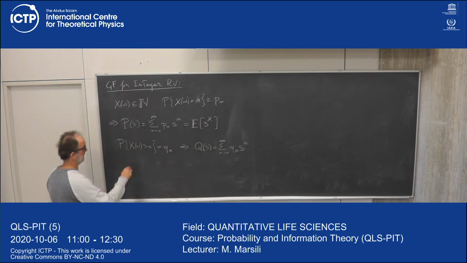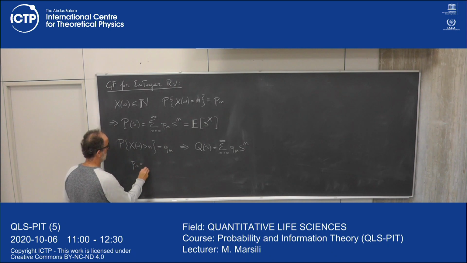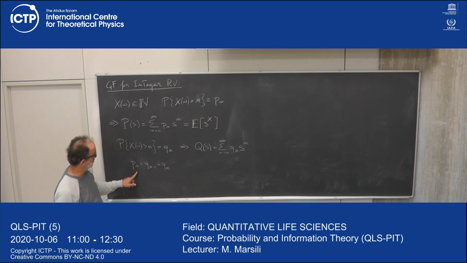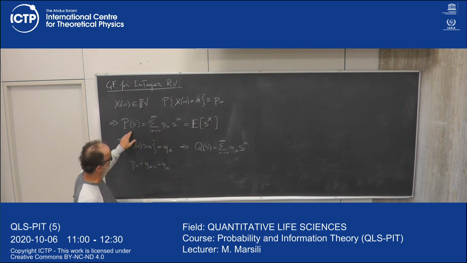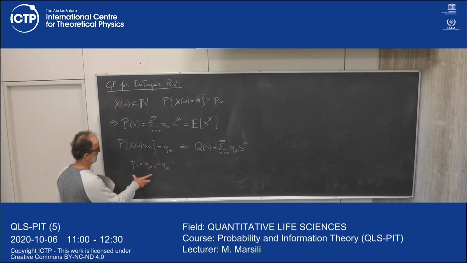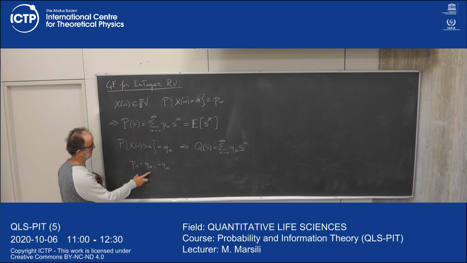Now, of course, Pn is Q(n-1) minus Qn. So the probability that X is equal to n is the probability that it is larger than n minus 1, but that it is not strictly larger than n. So there is a relation between this generating function and this generating function, which is easily obtained from this expression here.